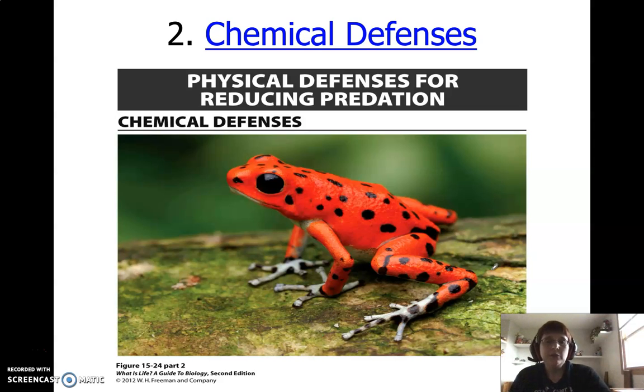They're not the only ones that produce chemical defenses as far as animals go. There are butterflies and jellyfish and sea slugs. There's a whole wide group of chemical defense organisms that do this to protect themselves.